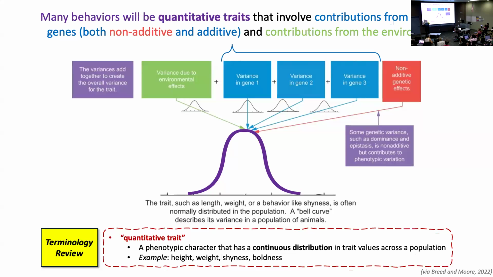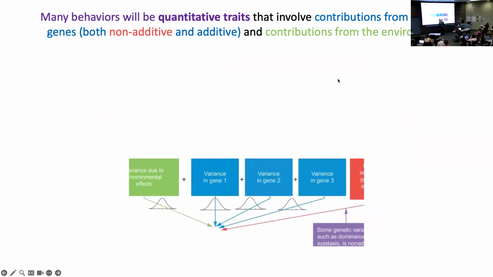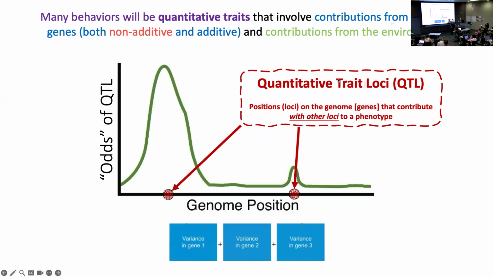This gene participates in these 50 different traits, but it happens to participate more in trait A than trait B, and so on and so forth. So the mapping from genes to phenotype is much more complicated, and that's what quantitative genetics tries to wrap its head around. What we want to know is how we figure out which genes are participating the most in which behavior.